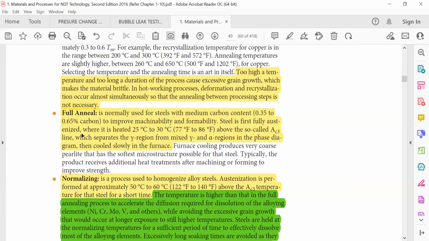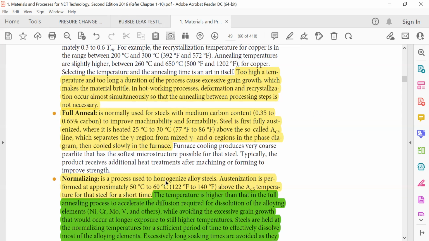Steel is first fully austenitized at a temperature 25 degrees centigrade above the so-called AC3 line. Then there is a solid solution, a total phase of gamma region. Then it is cooled slowly in the furnace.